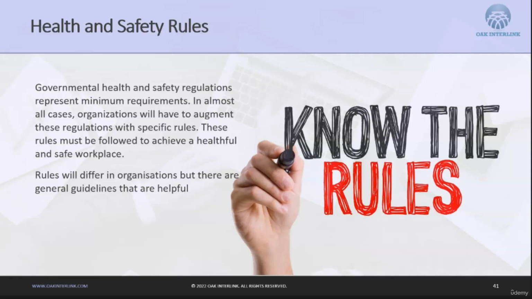Also, the employer should have procedures for dealing with those persons that flout rules, and particularly for those that are repeat rule violators.